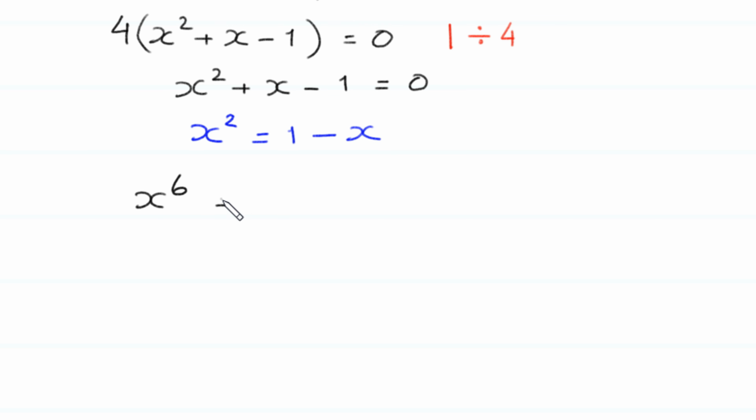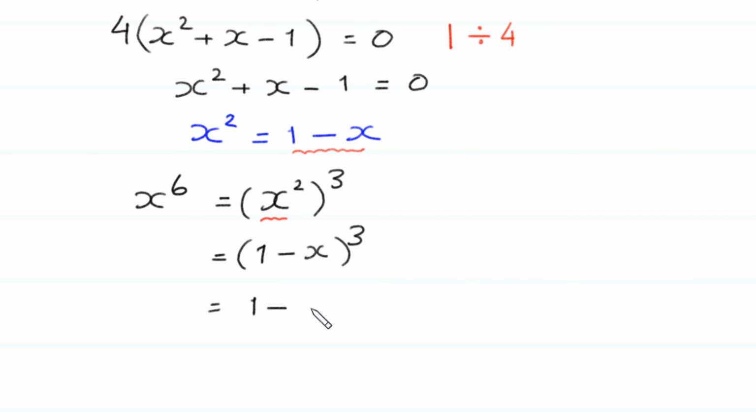Now let's find the value of x to the power 6. X to the power 6 is equal to x square whole to the power 3. Now in place of this x square we put the value of x square, 1 minus x, from here. The value of x square is 1 minus x whole to the power 3. And 1 minus x whole cubed can be written as 1 minus x squared times 1 minus x.